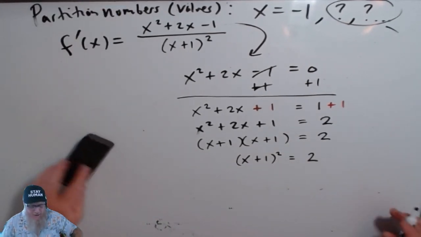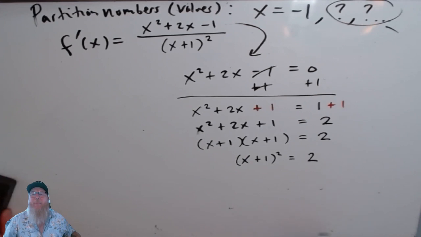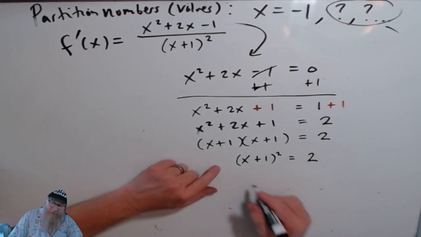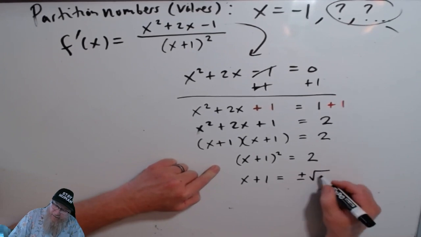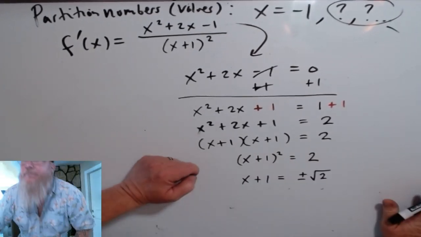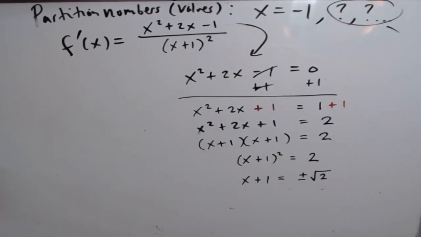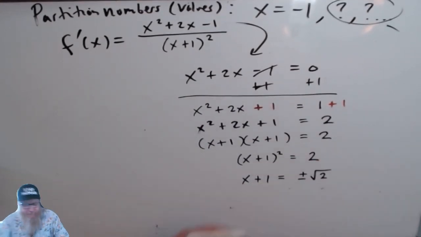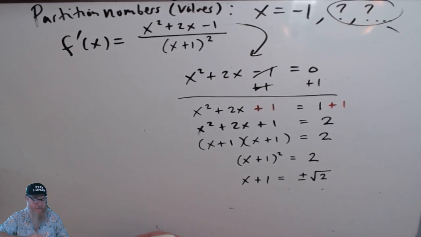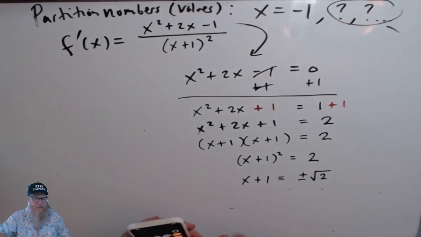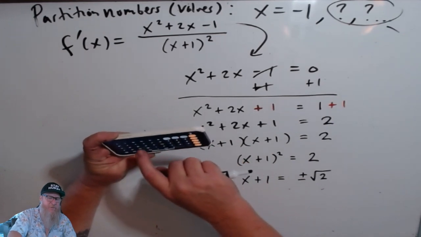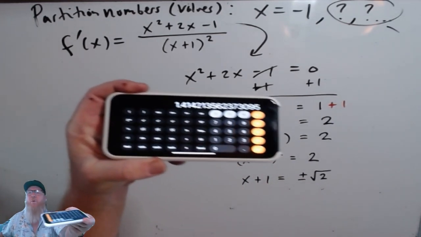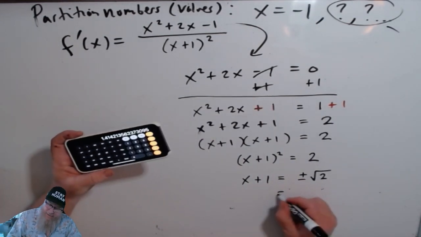And you're going to get an irrational number. I'm going to need to grab my calculator to calculate what this is. It's going to be plus or minus the square root of 2. So on my calculator, I've got the square root of 2, 1.41.